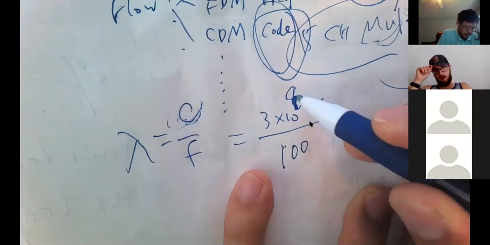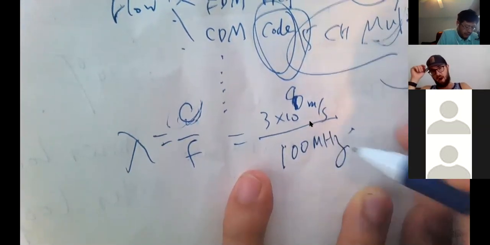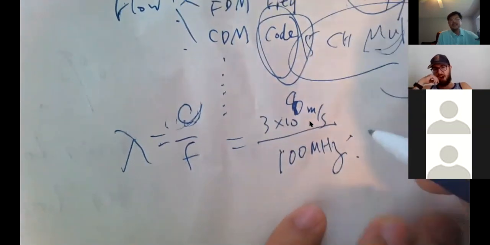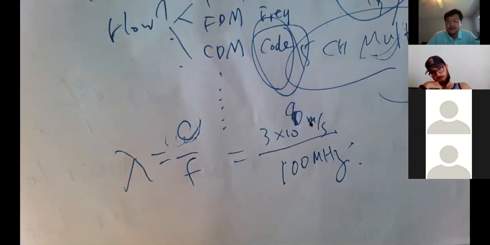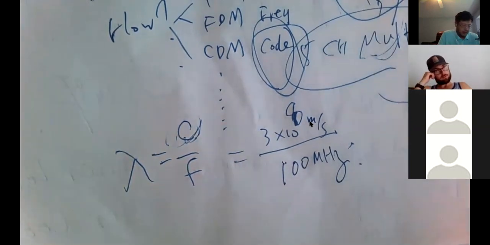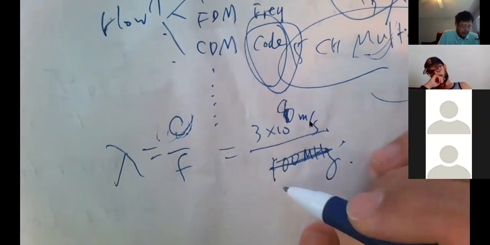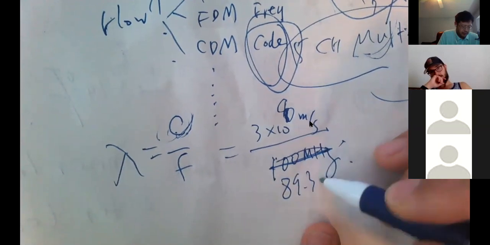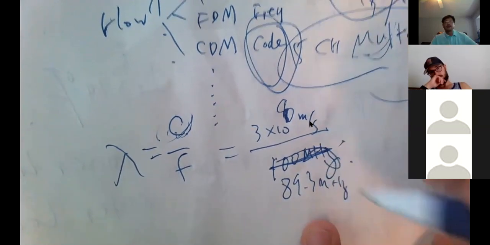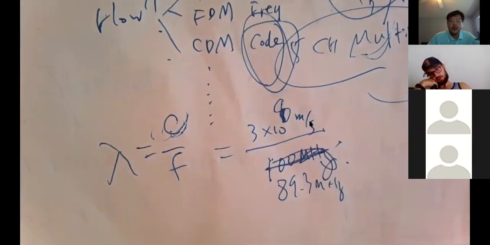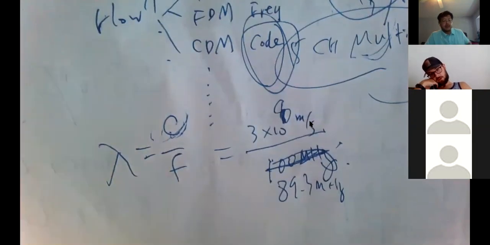It's 8 megahertz. So if you are listening to 100 megahertz, that's an FM station. The one I listen to most often is 89.3 megahertz. So that's the station I listen to quite often.